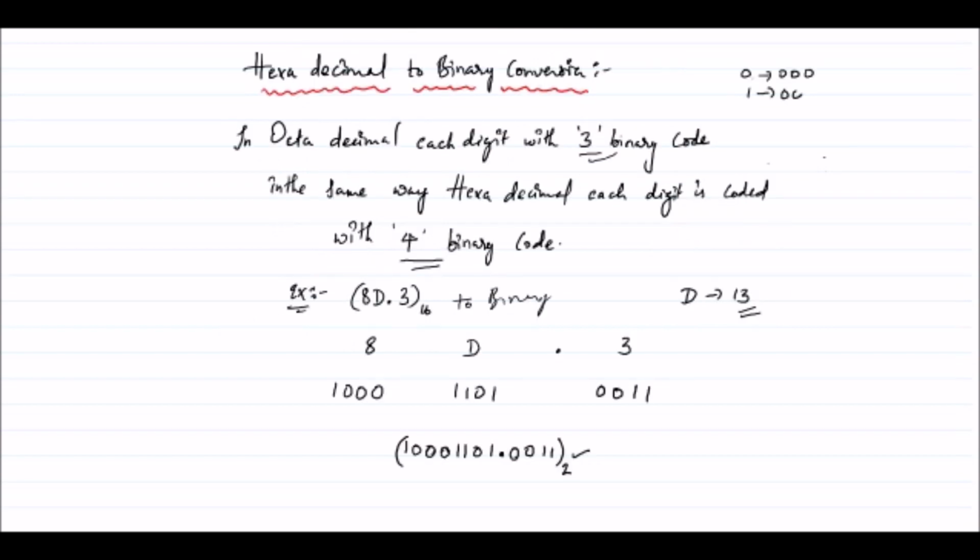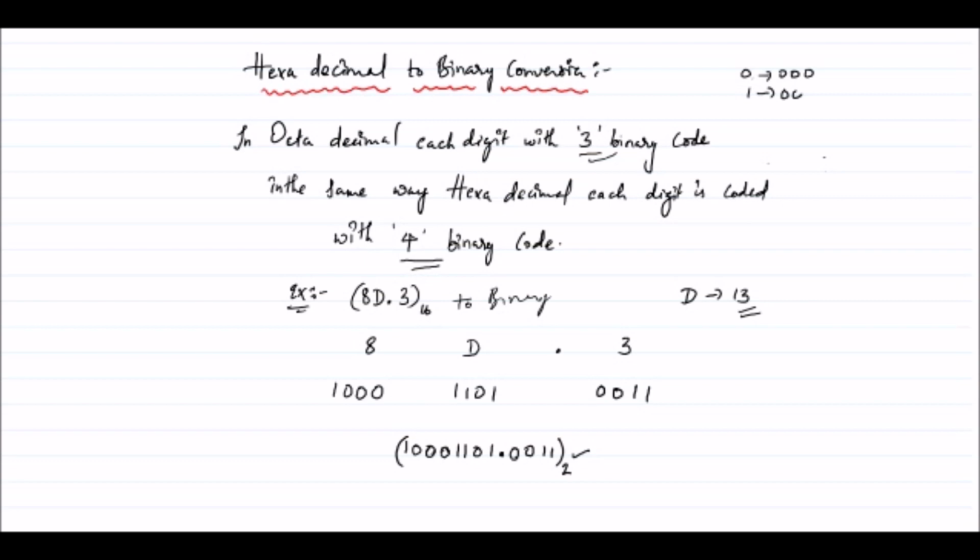Now we are trying to convert the hexadecimal number to binary. In octal conversion, we represented the binary code for each octal number with 3 digits.